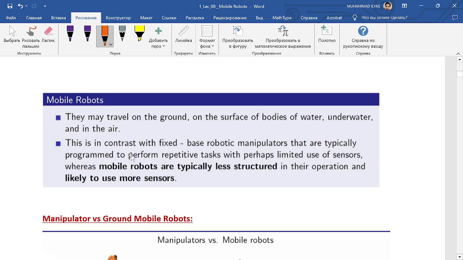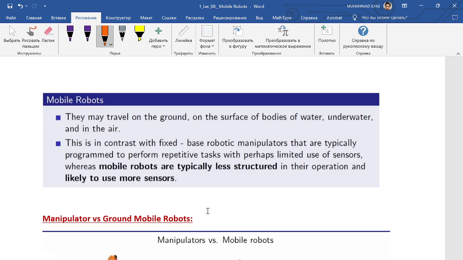This is in contrast to the fixed base manipulators, which are also robots, but their base is fixed at one place. They cannot move from one place to another unless they are put on some mobile robot. So that is another type of mobile robot, where we have a mobile robot and then fix a manipulator on top of it. That is called a mobile manipulator.